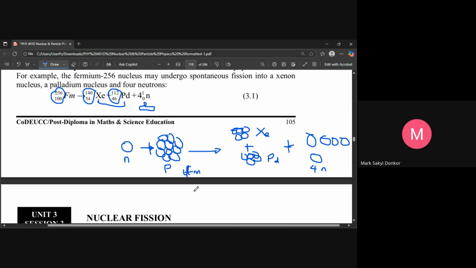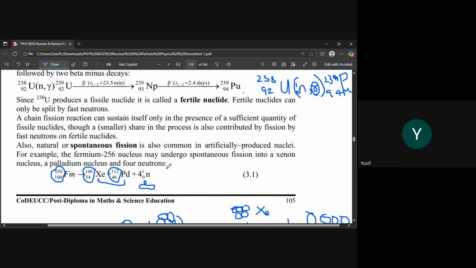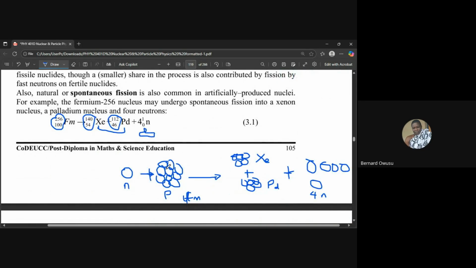Yes, sir. So it's not always the case, with the diagram. In this case, there will be no atomic number, there will be nothing here when you are sticking to this, because this is a natural spontaneous fission. So you don't have a neutron here.